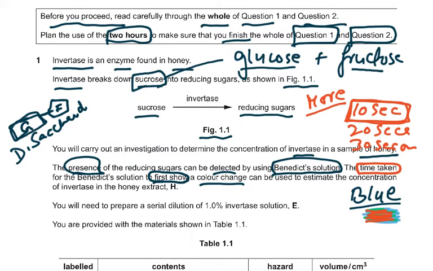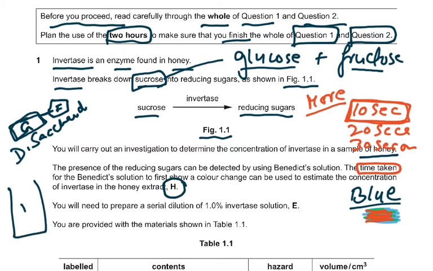So the presence of the reducing sugar can be detected by using Benedict's solution, and the time taken for the Benedict's solution to first show a color change can be used to estimate the concentration of invertase in the honey extract H. So we've been given the honey extract, so there will be a beaker labeled H, and we will have made this fake honey on the instructions Cambridge would have sent us.